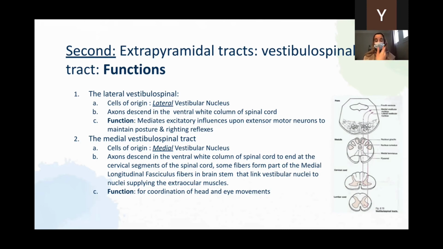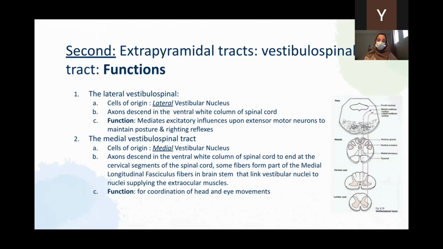Hamstrings هم extensors of the lower body. فهم they extend the lower body and they keep you standing. هم muscles that are responsible for keeping you standing up. فهذول هم اللي they contain extensor motor neurons. فهم maintaining the posture of the person and the righting reflex. فلما a patient has a problem in the hamstring, they have a hard time standing up. Okay, and that's why it's called the extensor motor neuron. It will maintain the posture and the righting reflex.